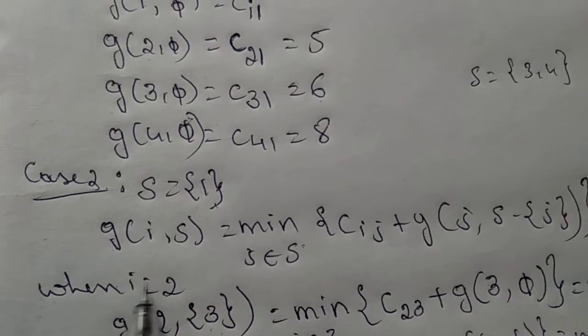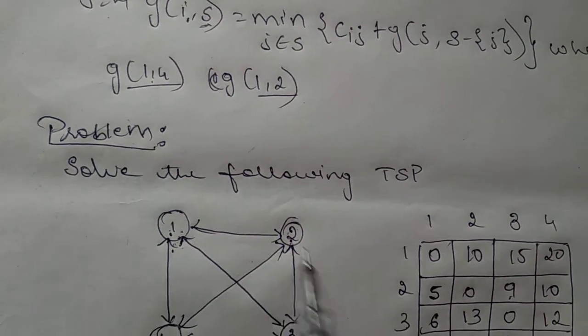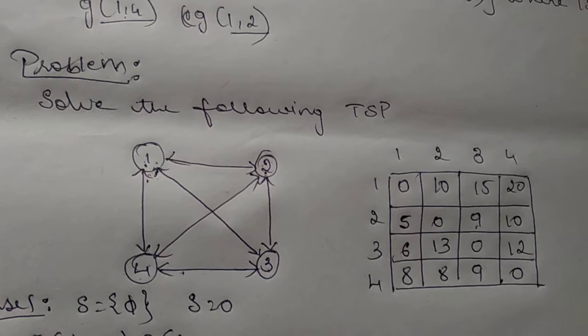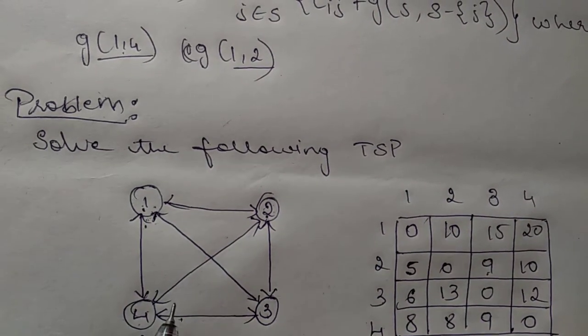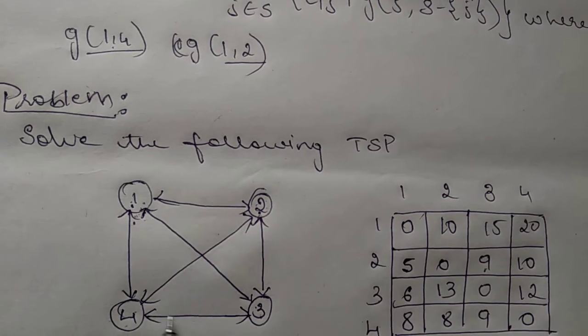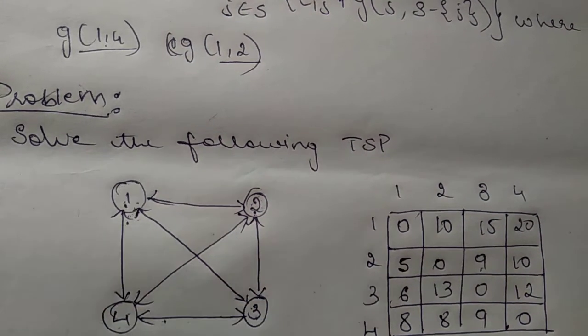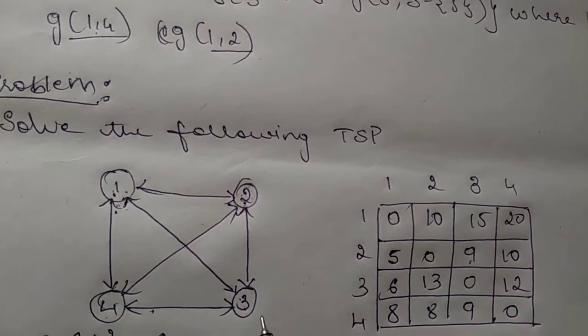Now, next, here I have considered when i is equal to 2. That is, if the salesperson travels from 1 to 2. Now, one more possibility is that without going to 2, he can directly go to 3. Then also he can come back to 1. See, 1 to 3, 3 to 4, 4 to 2, 2 to 1. He has traveled all the cities and he can come back to 1 if he goes to 3 also.